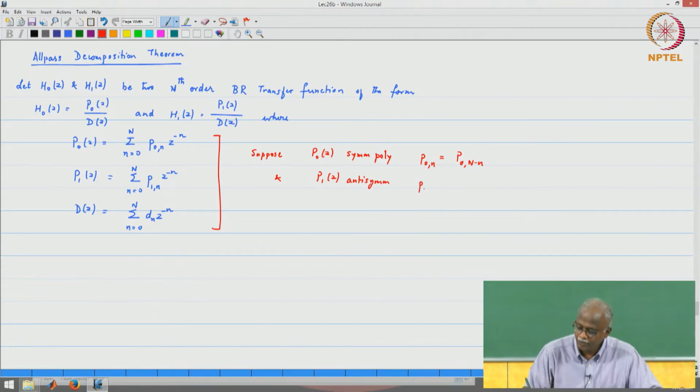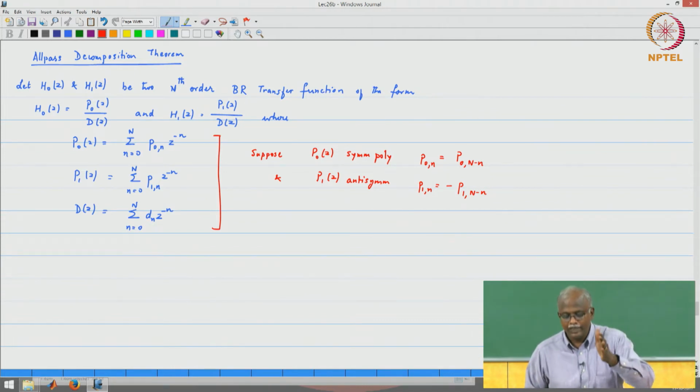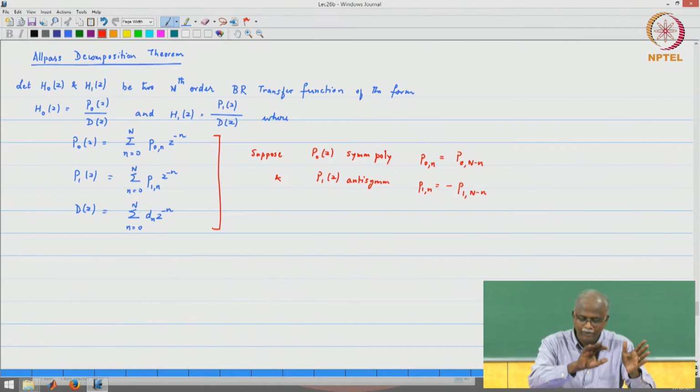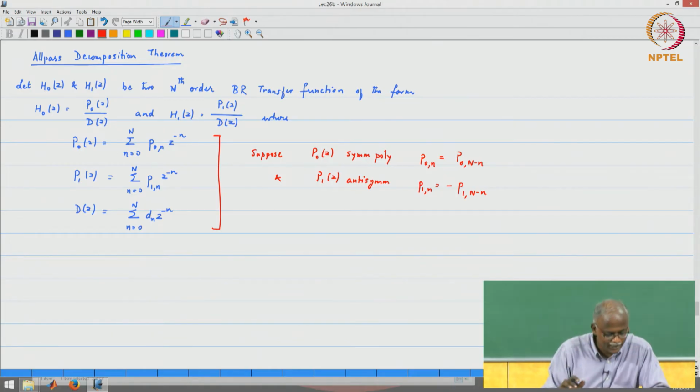So, which means P 1 comma n will be equal to minus of P 1 comma N minus n. Okay. So, what have we said so far? There are two bounded real transfer functions which have the same denominator, the numerator polynomials, one of them has got symmetry, the other one has got antisymmetry.